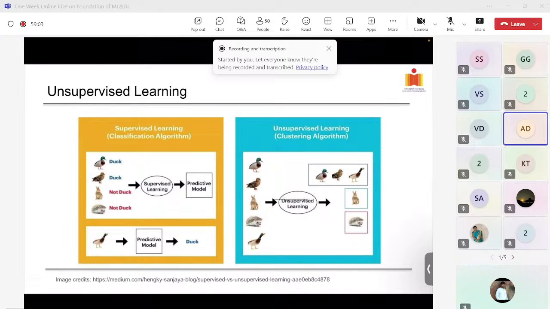In unsupervised learning, the techniques are different because there are no labels associated with the input samples. So what do you do? One of the simplest and most intuitive ways is to cluster them or group them based on their similarities. So if I give this bunch of different images to you, and if I ask you to group them, you obviously group all the ducks together based on certain features, like they have a beak, they have 2 feet, and they have a certain body structure.